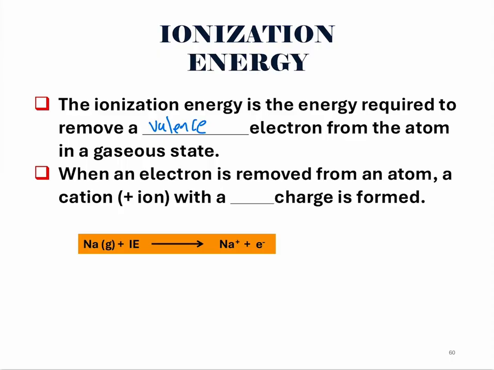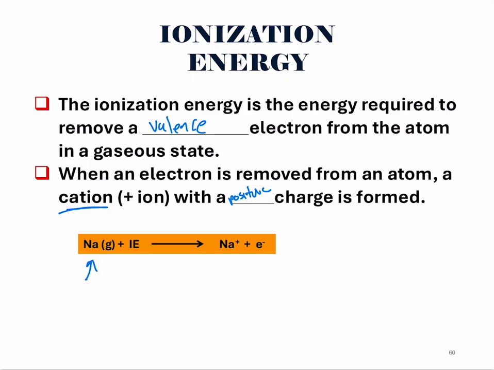How much energy that light has can ionize, or kick off, an electron from that atom. And when an electron is removed from an atom, a cation, or an ion with a positive charge, is formed.